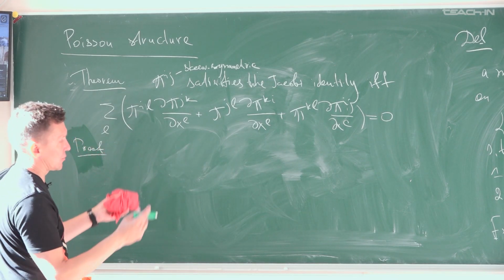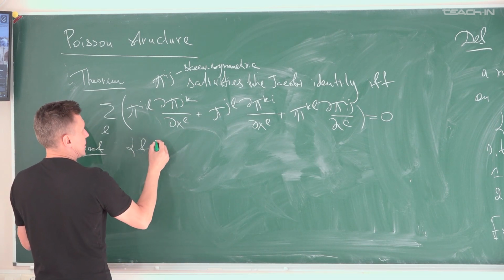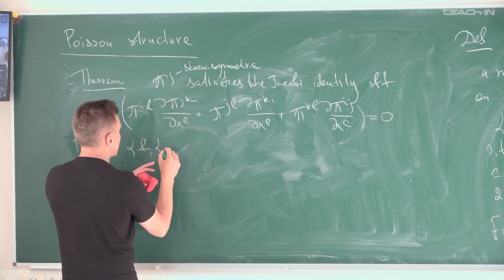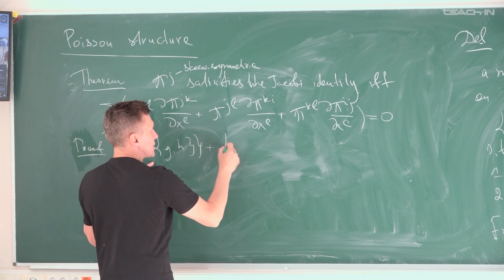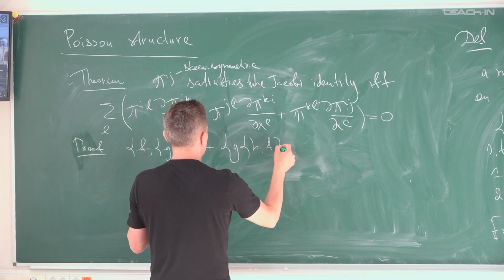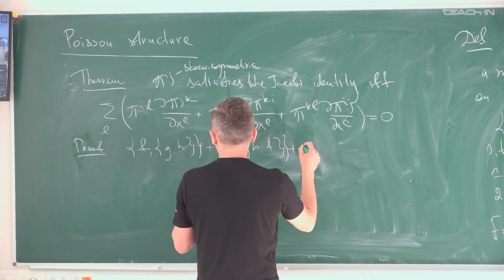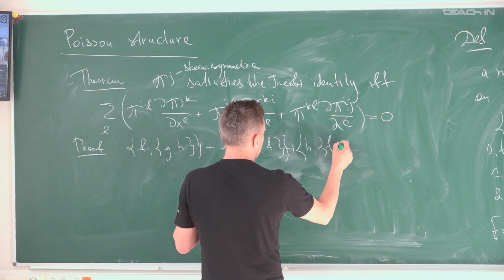Which is just straightforward. So we have to write the Poisson bracket {{f,g},h} of three functions in different orders: {{h,f},g} plus {{h,f},g}.